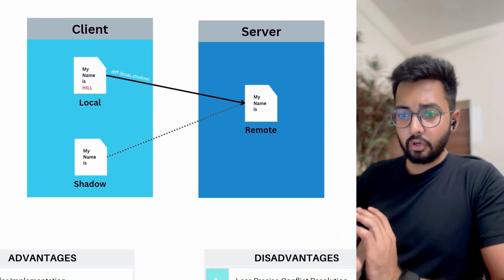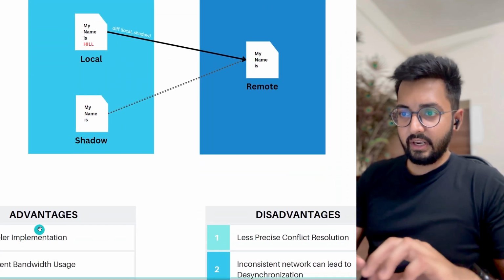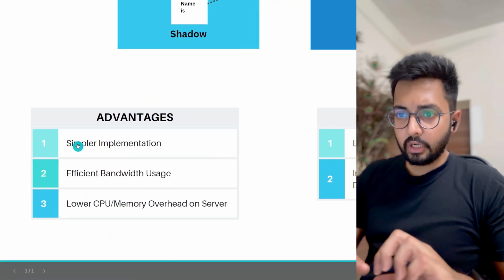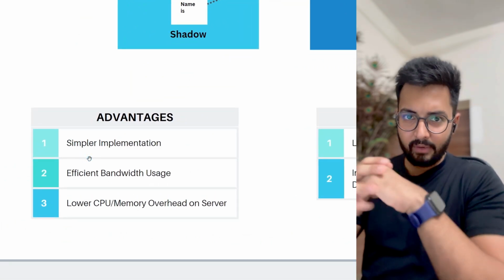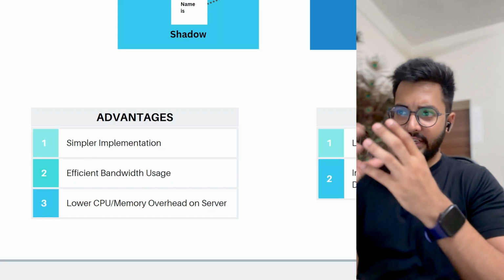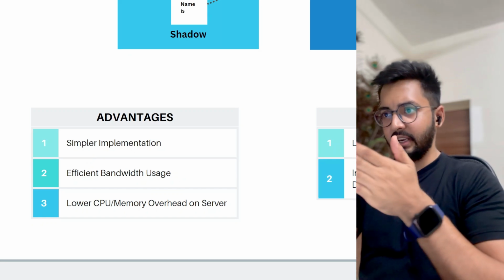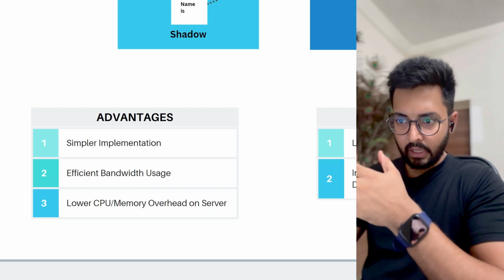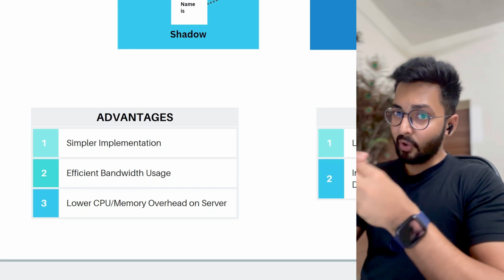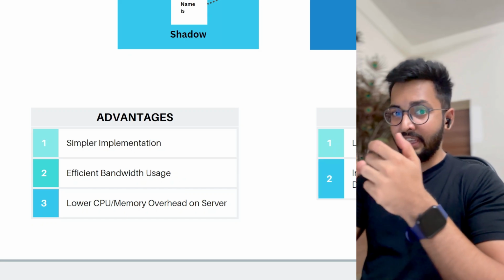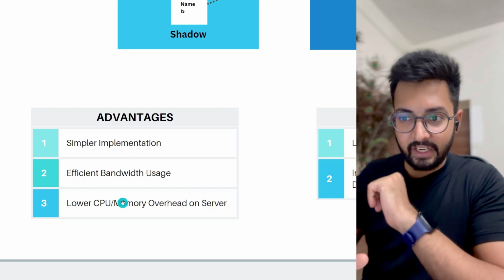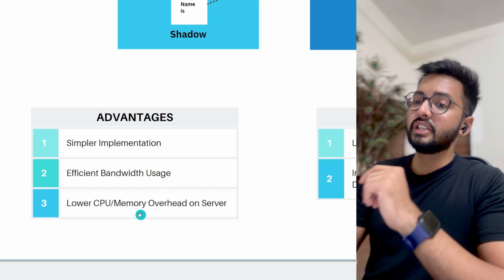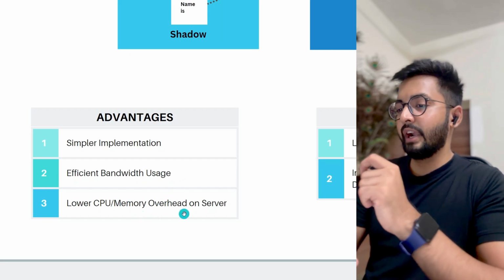Let us now look towards its advantages and disadvantages. So considering advantages first, it is very simple to implement because we are only comparing the differences and sending it to the server. And because we are doing this, we can see efficiency in the bandwidth usage as well, which is our second advantage. And the third advantage is lower CPU or memory overhead on server.